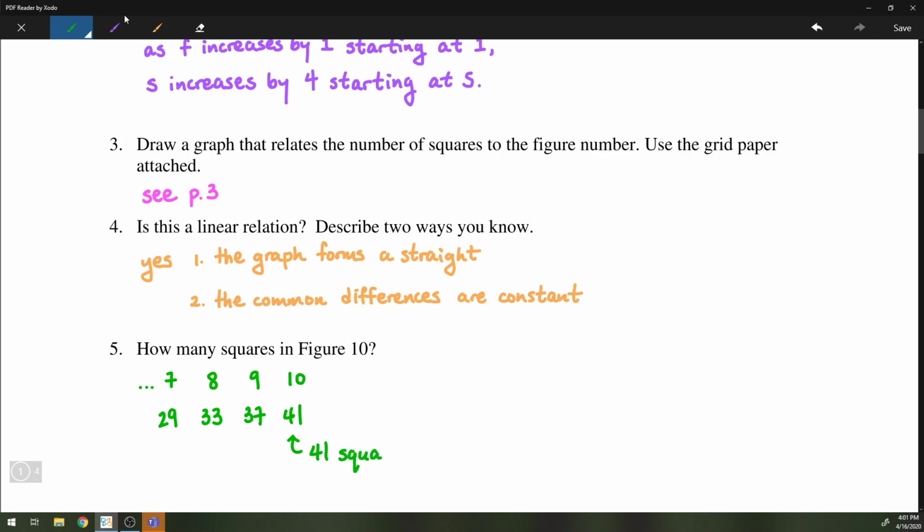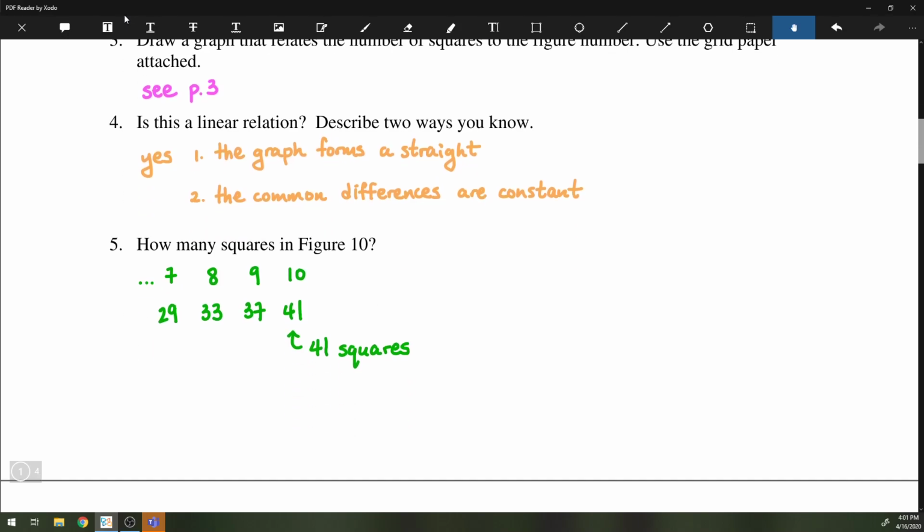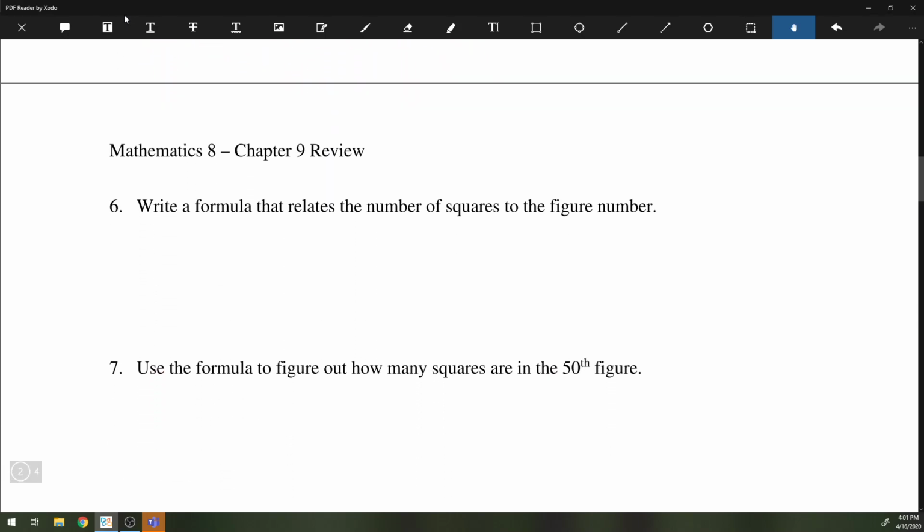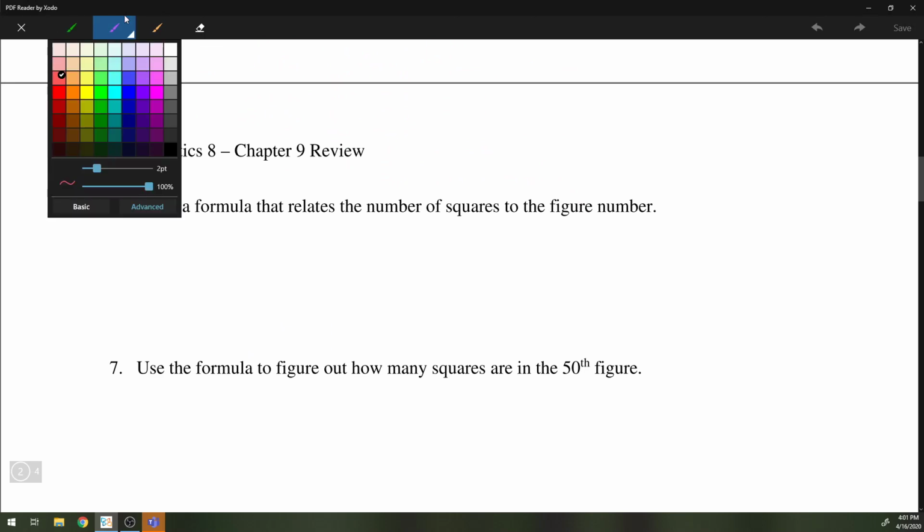Okay. So now another way of doing this question, instead of making a longer table of values, is you can also use a formula. Okay, let's make this formula together.